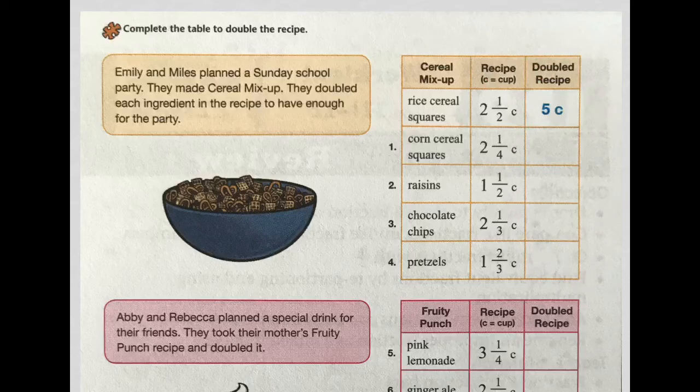Okay, so if you look here, the rice cereal squares, they needed 2.5 cups in the original recipe. To double that, it came out to 5 cups. Okay, so now we're going to double 2 1/4 corn squares.